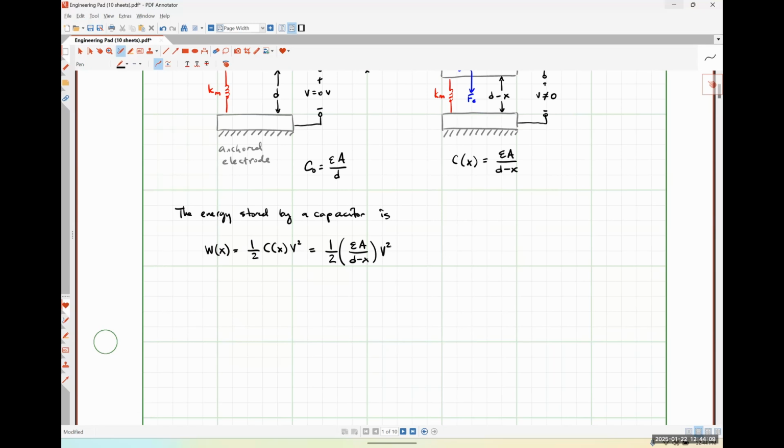Now we have energy, and we know hopefully that energy can be related to force.